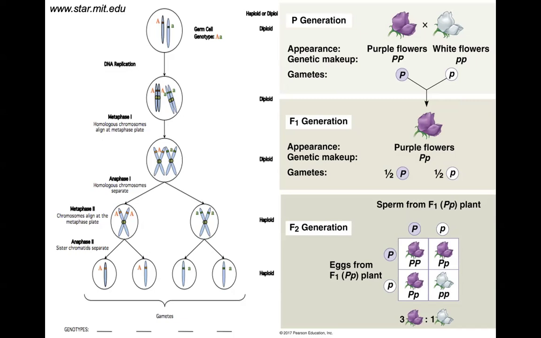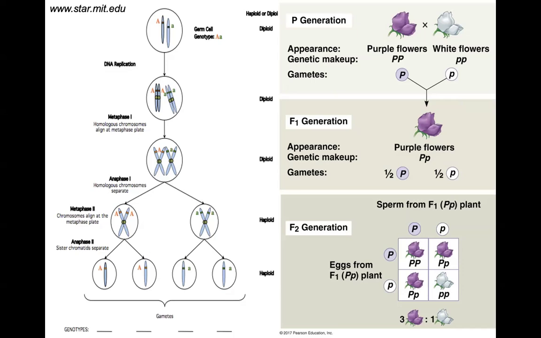This will then undergo meiosis 2 and will further separate out the chromatids, which is what we see at the bottom. So after two rounds of division, we now have four gamete cells produced. Keep in mind that each one of them is haploid, so they each carry one version of the allele. We can also see that 50% of the gametes contain the large A or dominant allele, whereas 50% contain the recessive allele.